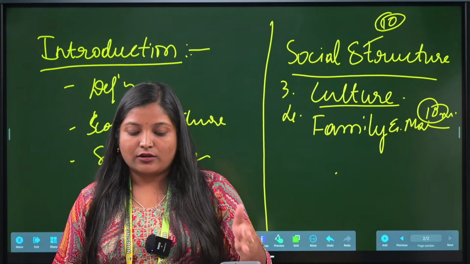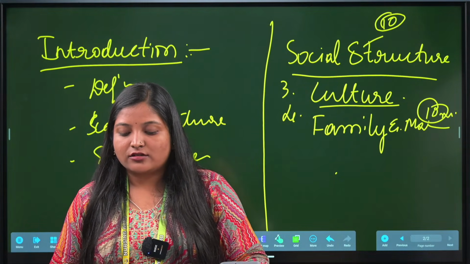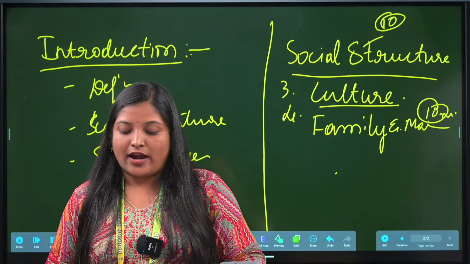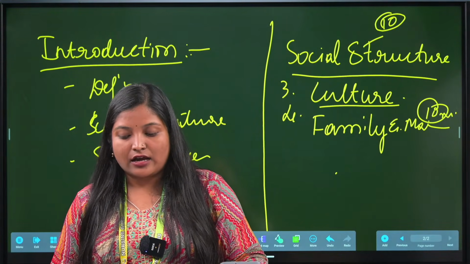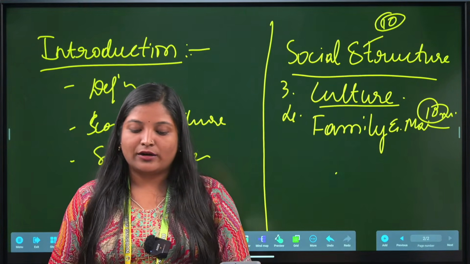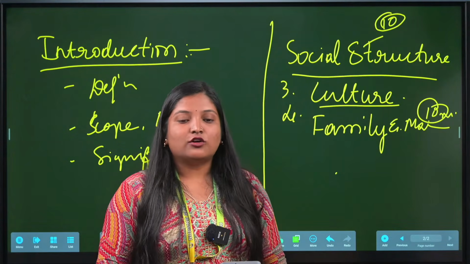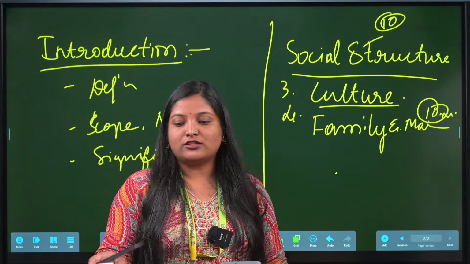Then list out functions of stratification, theories of caste, function, types of social mobility, factors of social mobility in India, and the criteria of racial classification, Indian human race. So this much will be there. So this is the fifth unit, social stratification.